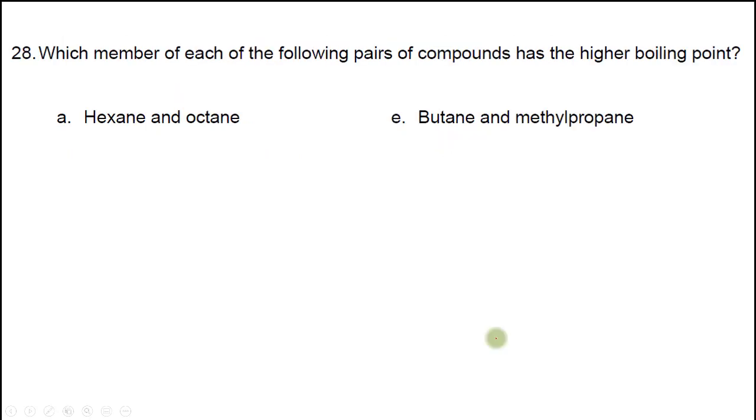Okay, which of these has the higher boiling point? So I'm comparing hexane to octane. Octane has more carbons, so as you add carbons, that increases the boiling point. So this one is higher.